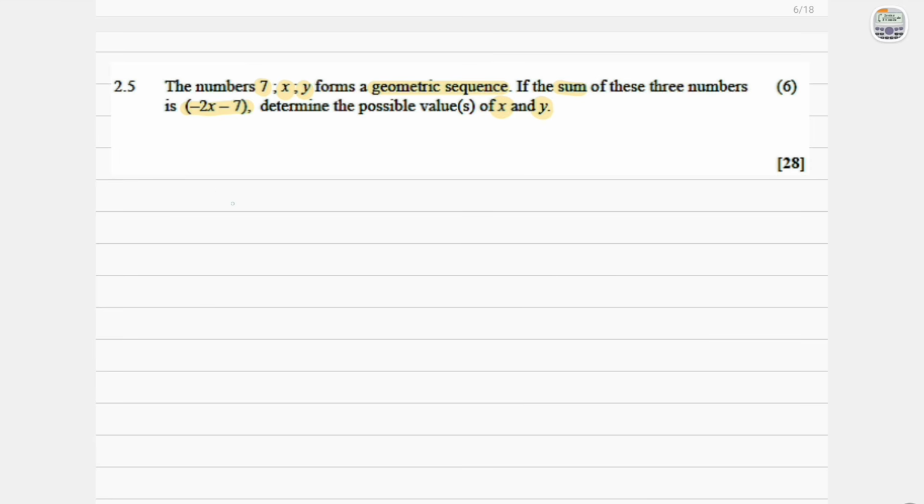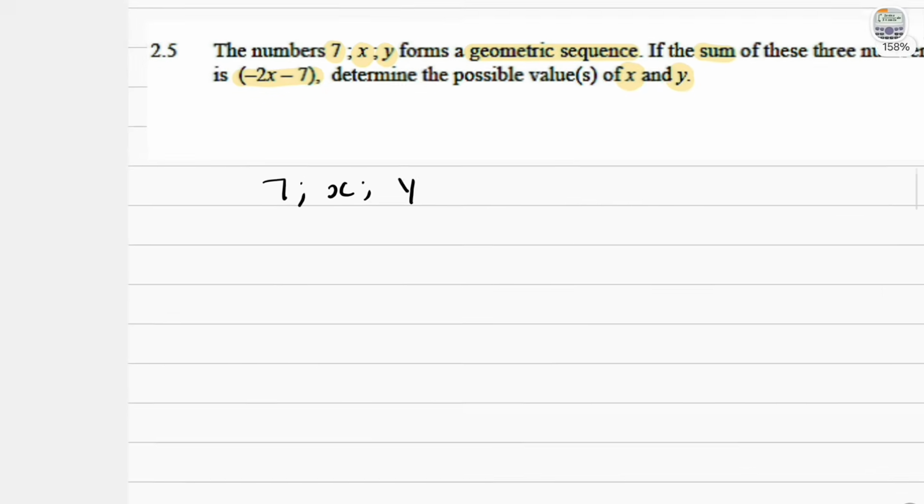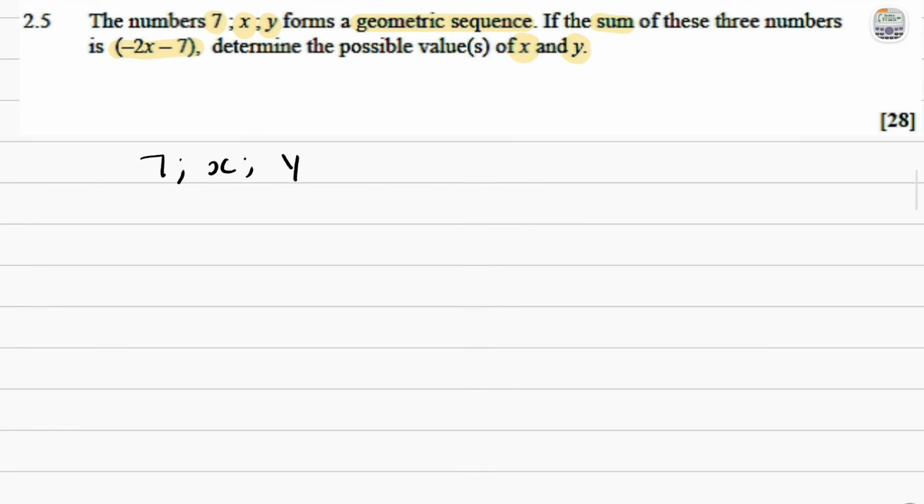We're trying to solve for x and y simultaneously. Let's take the first information they told us. This forms a geometric sequence. What can we do with that? If they tell you that it forms a geometric sequence, the only equation that you can create using this information is the equation found by finding the constant ratio, because that's something we know about the geometric sequence. Its ratio is constant, meaning r would be found by saying term 2 divided by term 1, but it will also be found by saying term 3 divided by term 2, meaning r should still be constant since it's geometric.